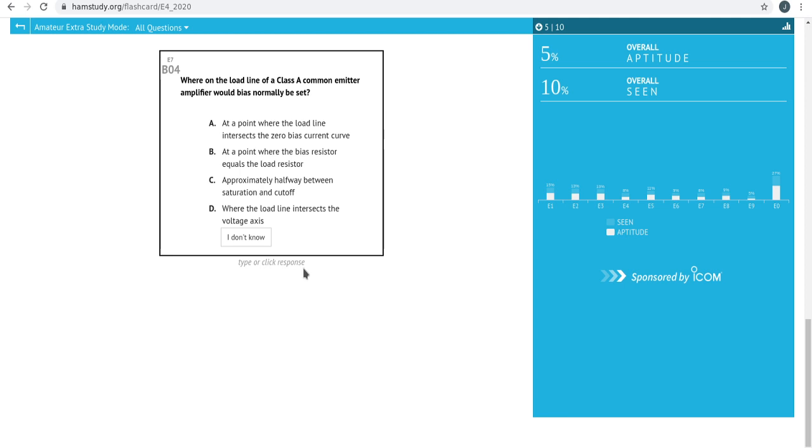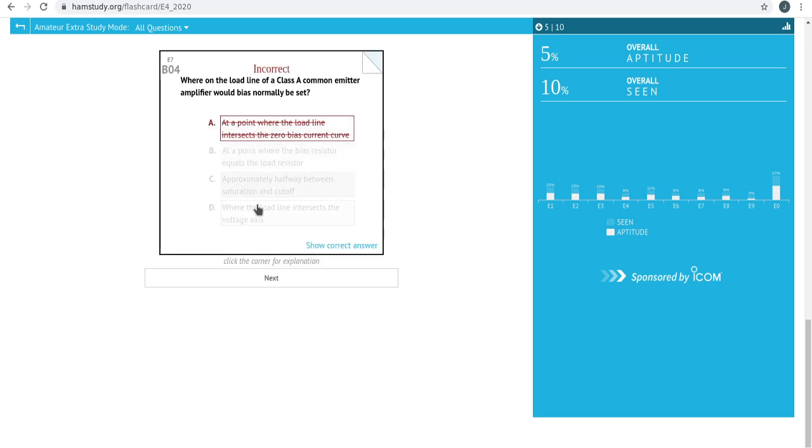I think it's either D or A. So let's pick A. Nope, and it's not D either.